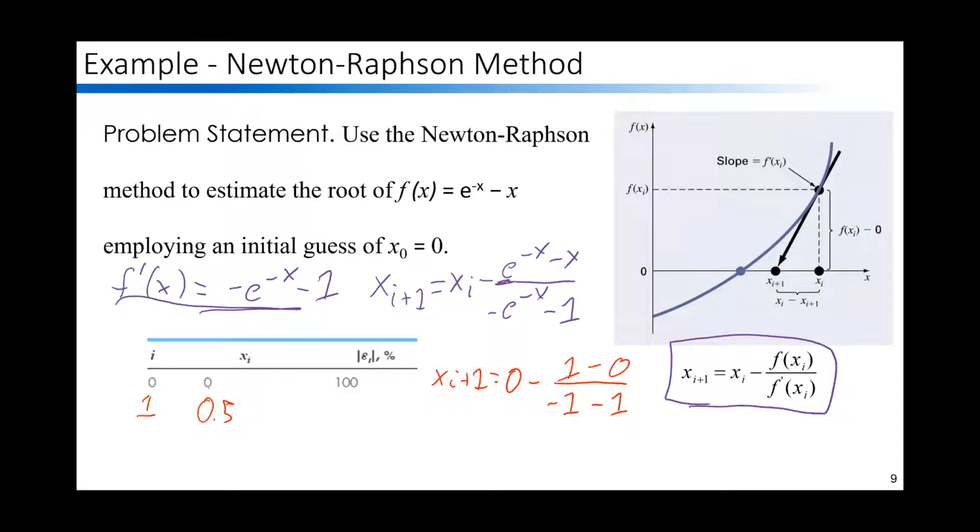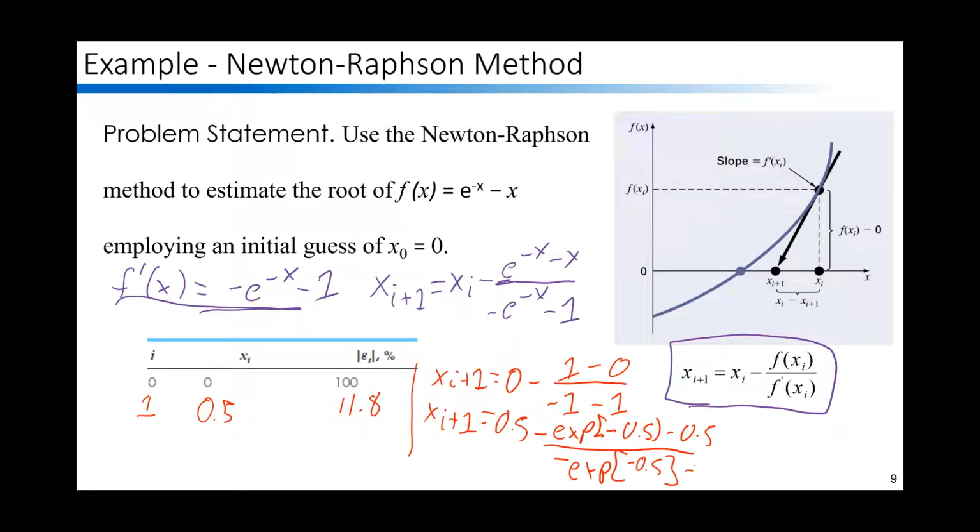Okay, so if I compare this to the true value, this is an error of only 11.8%. So I can do this again. I can plug in my numbers. I'm not going to actually do out the math, but we have x_{i+1}, x_i is 0.5, minus e to the negative 0.5 minus 0.5, all over negative e to the negative 0.5 minus 1.